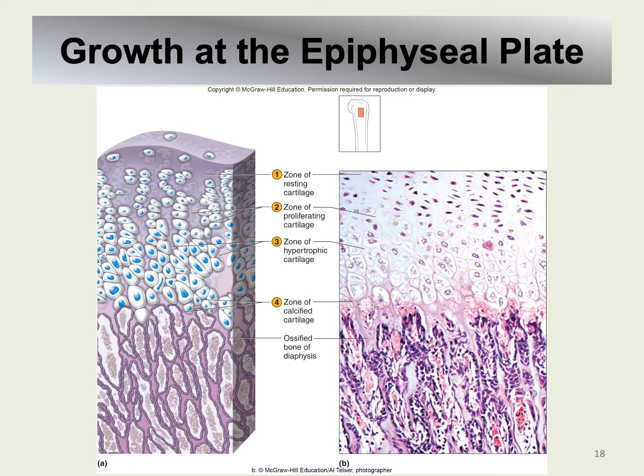So the hypertrophic cartilage zone is the third zone from the outermost. The innermost zone in the growth of the epiphyseal plate is the calcified cartilage, when they start calcifying, and lastly they will start forming the ossified bone of the diaphysis.